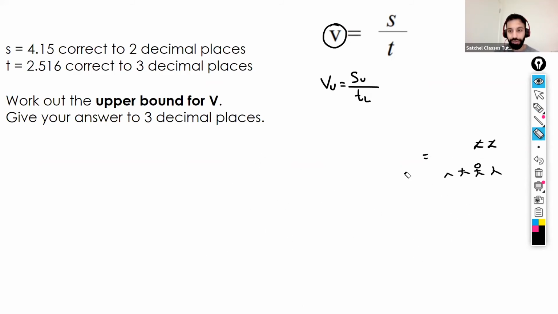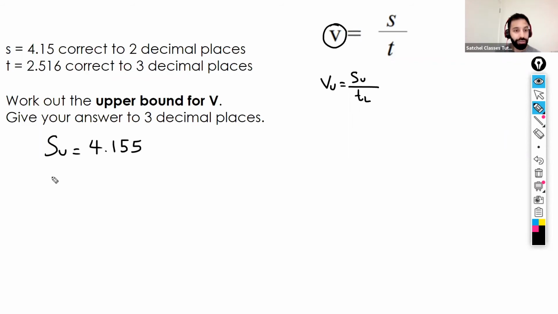So the upper bound for S, it's 2 decimal places, so maybe I should write S upper. That'd be better. So the upper bound for S is going to be 4.155 to 2 decimal places.